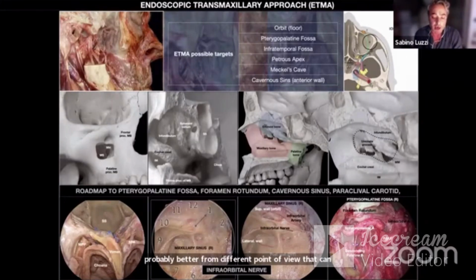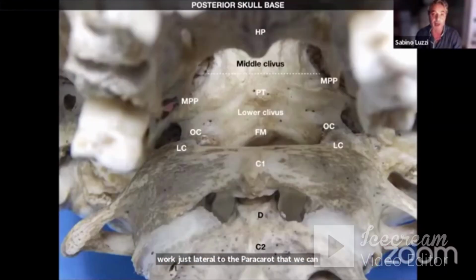But regardless of which approach and which technique you use, one of the most important landmarks is the infraorbital nerve. The infraorbital nerve is the roadmap that leads you to expose the pterygopalatine fossa and also the foramen rotundum, the cavernous sinus, and especially the paraclival carotid. That is very important, because if you follow this nerve, we work just lateral to the paraclival carotid, and we can avoid any injury of the paraclival carotid.